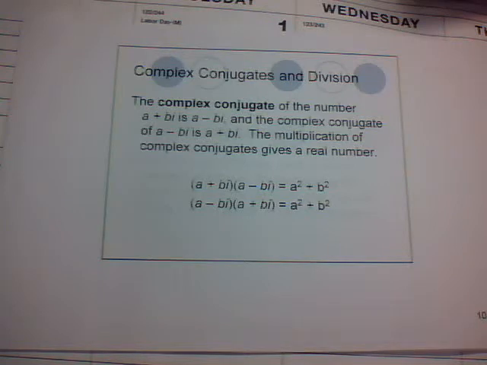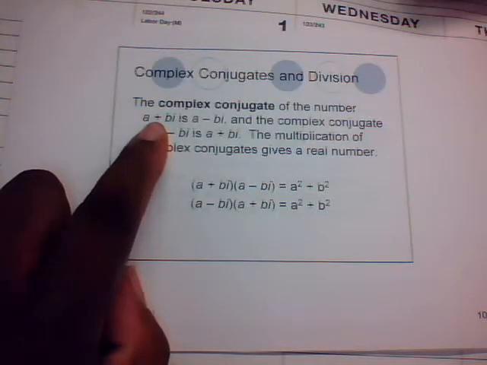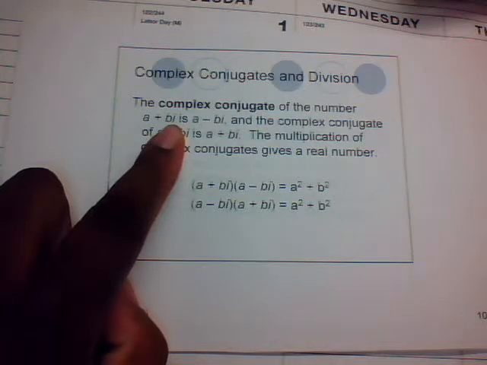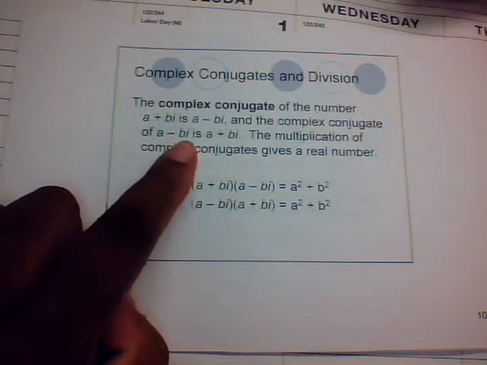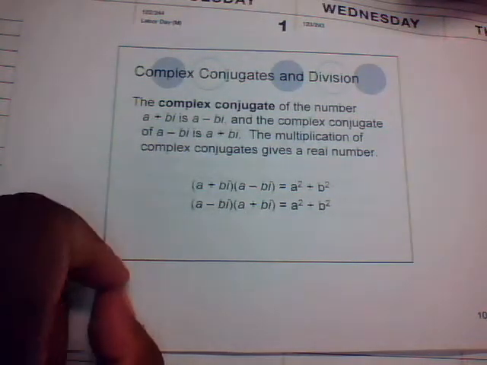The complex conjugate of the number a plus bi will be a minus bi. It's just simply changing the operational symbol in the middle to the opposite. So if you have a plus bi, its conjugate would be a minus bi. And if you have a minus bi, then its conjugate would just simply be a plus bi.